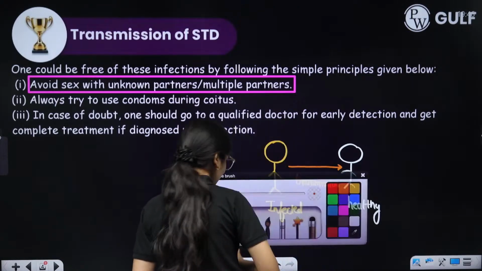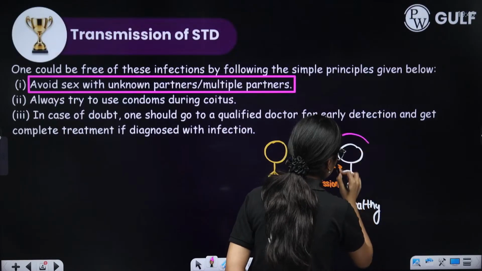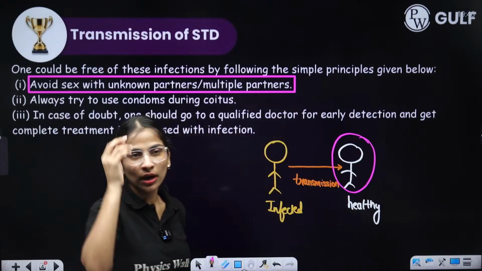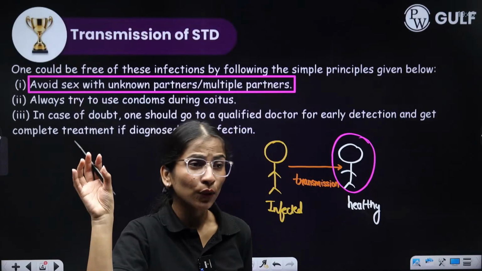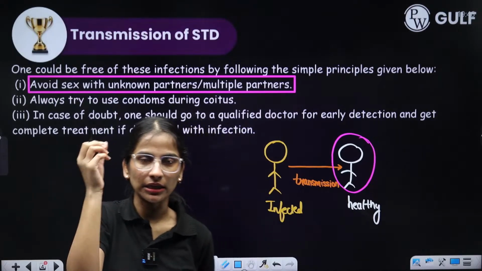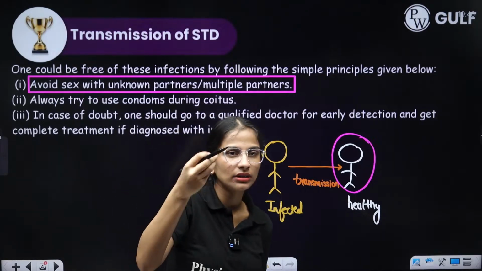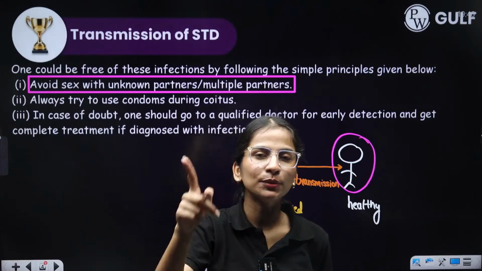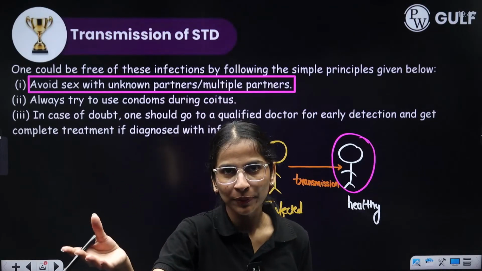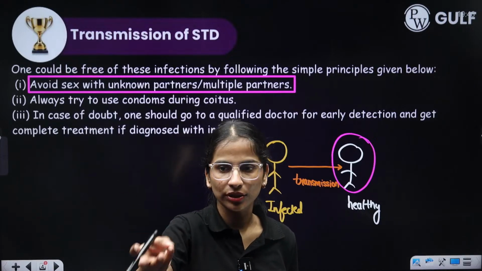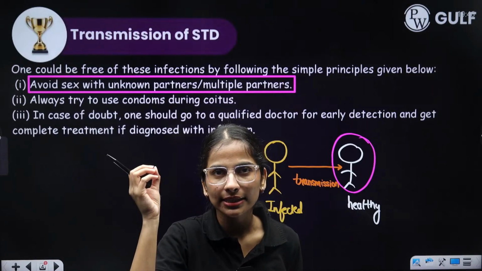So if we as healthy individuals make sure that we are not having any kind of sexual contact with anyone who can be infected, how can we make sure of that? Obviously, first thing, the other person with whom you're having any kind of sexual contact, you should know them well, right? You should know that they are absolutely not carrying any STDs.